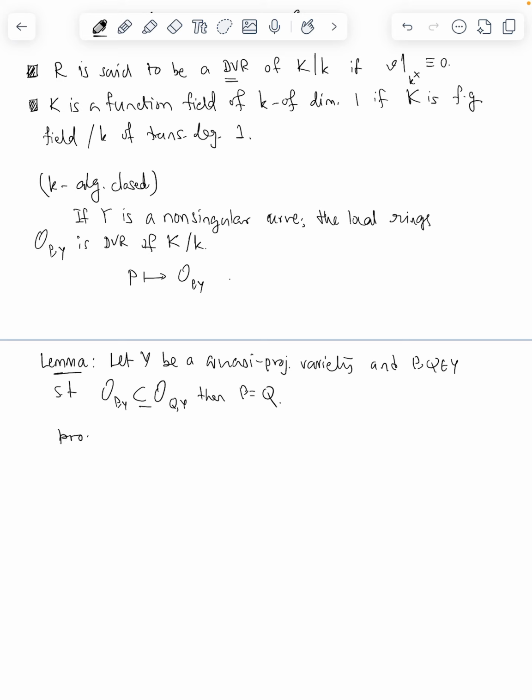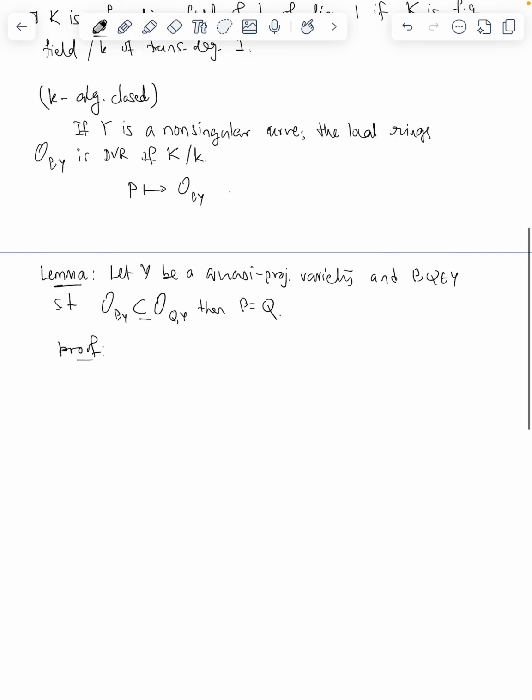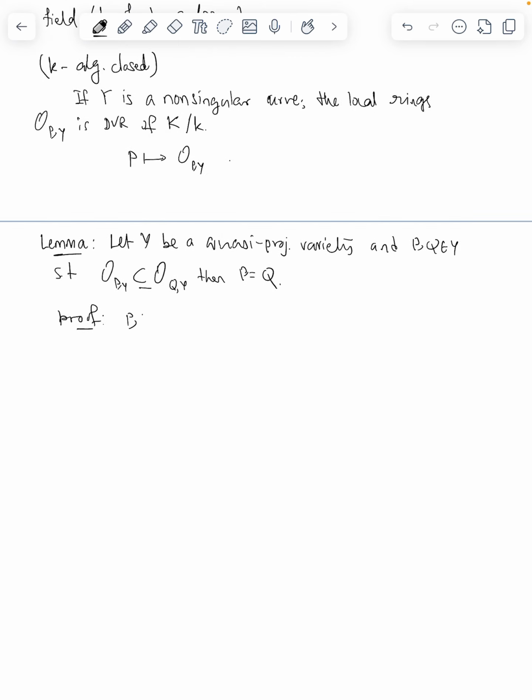The proof is pretty simple. First, one can assume that both P and Q don't lie on a common hyperplane. That you can do by some linear change of coordinates. Let's say the hyperplane is H_0. You can further change the coordinates to make it H_0. So in that case, both P and Q are in Y intersect P^n minus H, but this is an affine variety. So without loss of generality we can assume Y is affine.